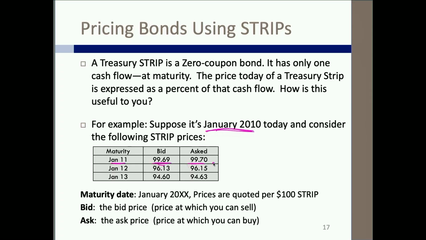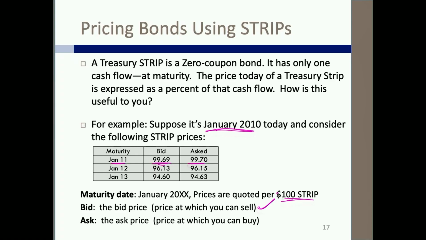So how can you think about a bid price? Well, imagine walking up to the treasury dealer. She's bidding $99.69. So that means if you walked up with a $100 treasury strip, she will buy your treasury strip for $99.69. That's the price at which you can sell your $100 treasury strip.